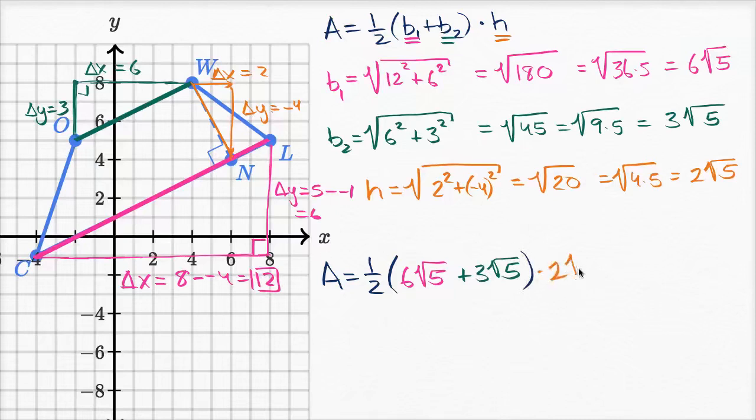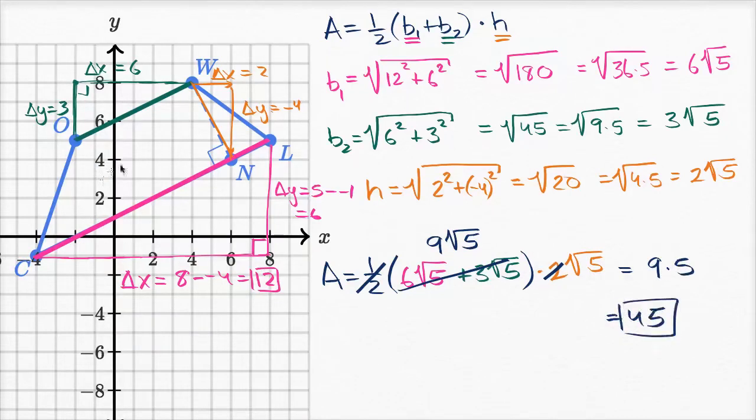Let's see how we can simplify this. 6 square roots of 5 plus 3 square roots of 5 is 9 square roots of 5. The 1/2 times the 2 cancel out to just be 1. So we're left with 9 square roots of 5 times the square root of 5. The square root of 5 times the square root of 5 is just 5. So this is equal to 9 times 5, which is equal to 45 square units, or units squared.